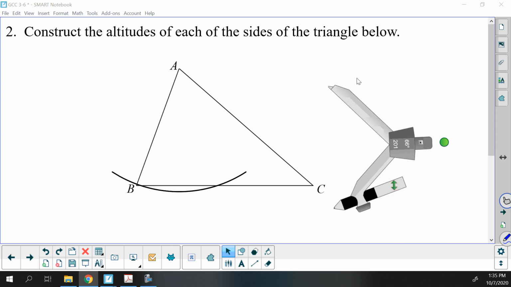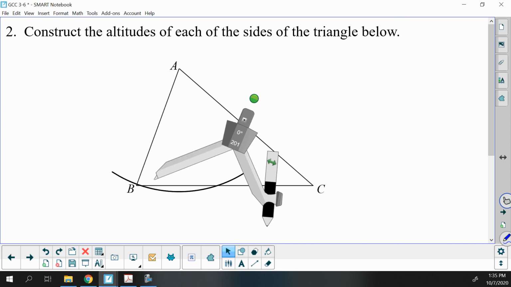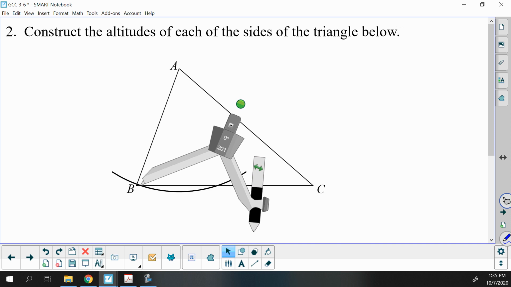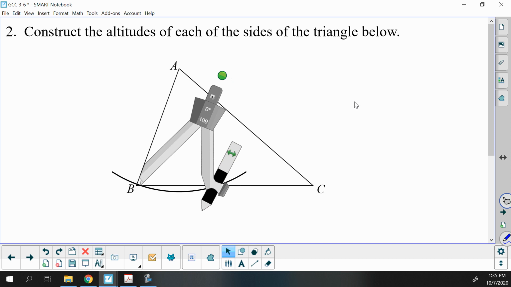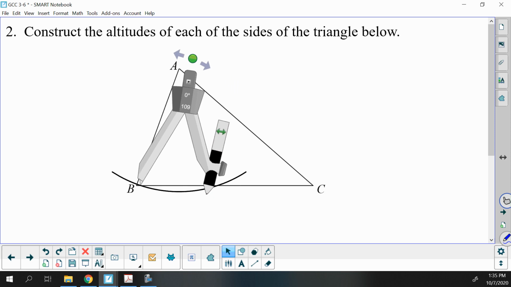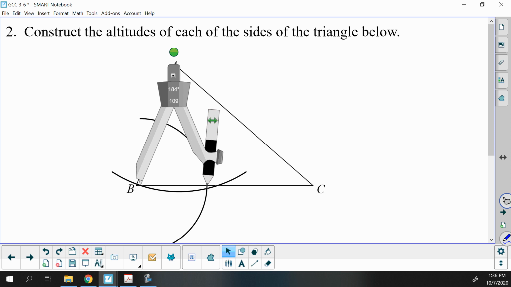All right, so we want to now use those intersection points to do our perpendicular bisector construction. So we're going to put our point on the intersection point, and we just need to make sure we're over halfway to the other intersection point. We're going to swoop it up and swoop it down.